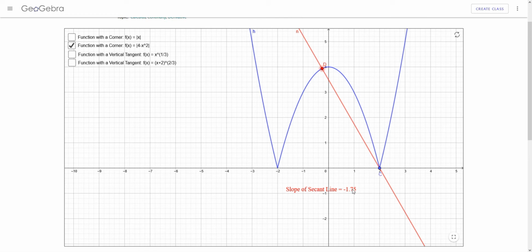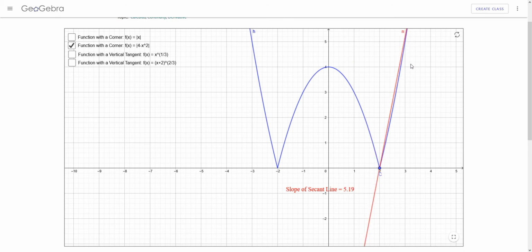You can see the slope of the line down here. Look what happens as it gets closer and closer. It looks like it's maybe coming in on some kind of number. It looks like we have a tangent line that it's approaching from that side, with a negative slope, maybe -4, possibly.